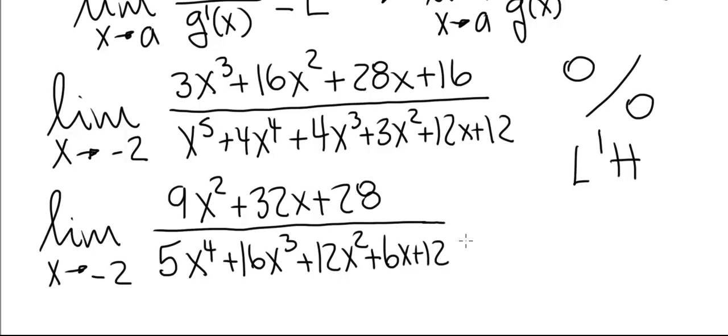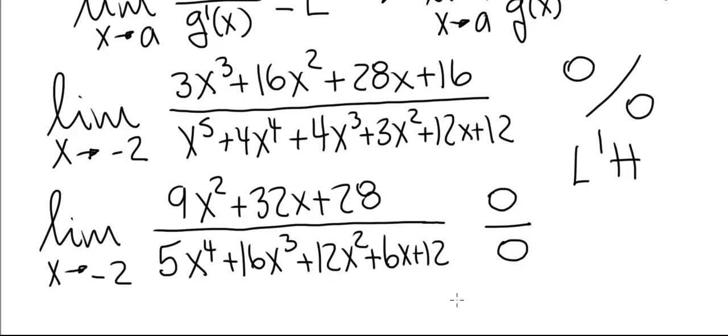Now, evaluating this limit, once again, we want to see if this function is continuous at x equals minus 2, in which case the limit and the value of the function are the same. But again, if we plug in minus 2 for x, we get indeterminate form 0 over 0.